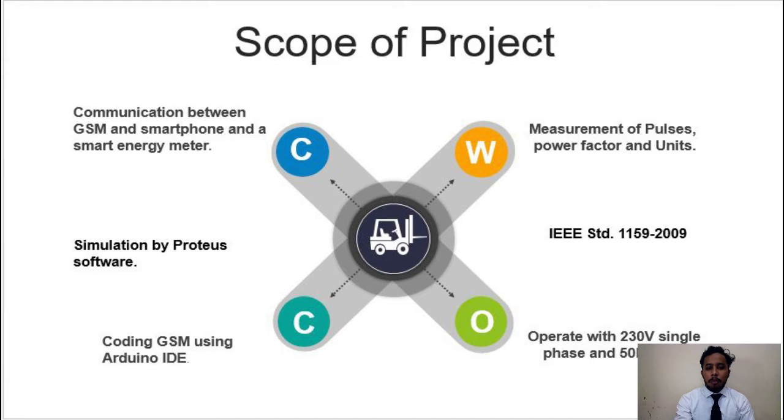Next, measurement of the pulse, power factor, and units. The second last, based on the IEEE standard 1159-2009. And lastly, operating with a 230 volt single phase and 50 Hz power source.